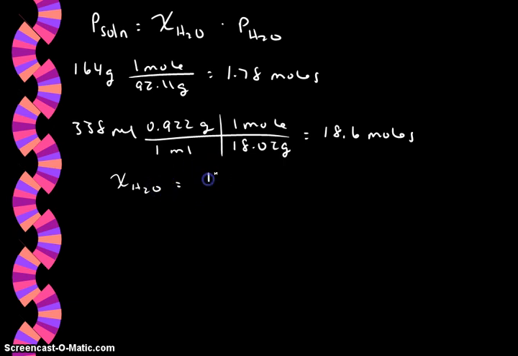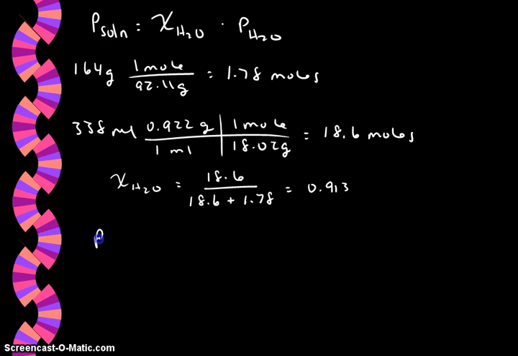Now we can figure out our mole fraction for our water. We're going to take 18.6 and divide it by 18.6 plus 1.78. And that's going to give us 0.913 for our mole fraction.